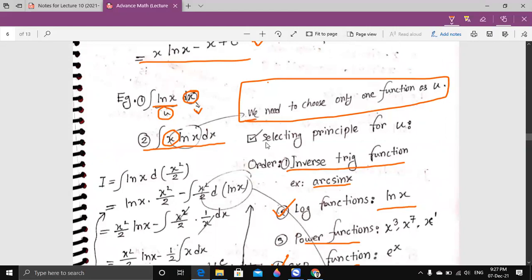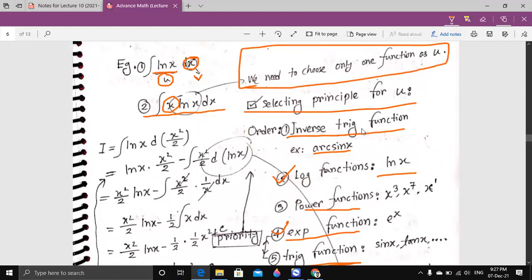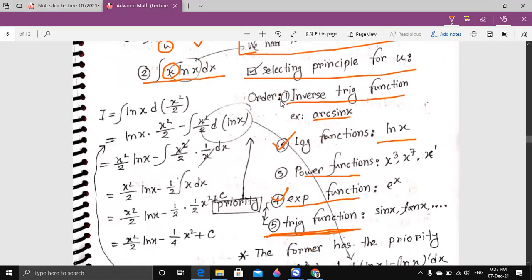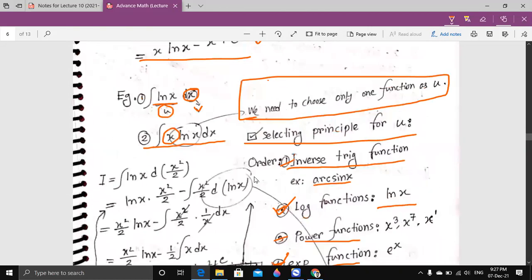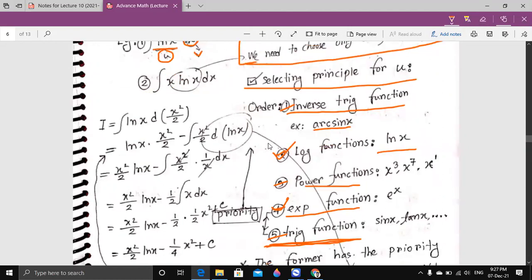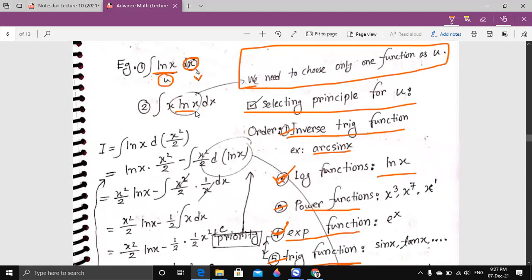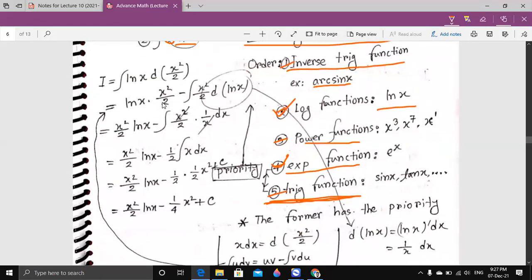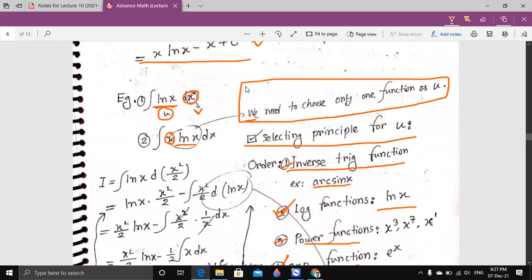Okay, guys, this is the selecting principle. I already have talked about this. So we have integration of x ln x dx, right? Here we have a log function, and x is a power function, since we can write x as x to the power 1.